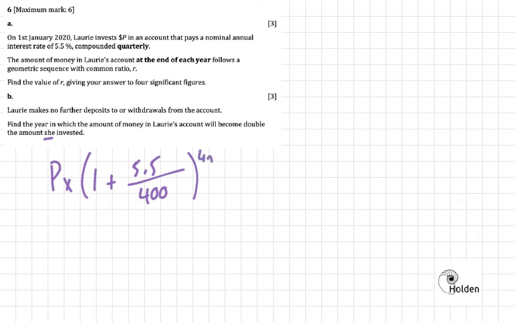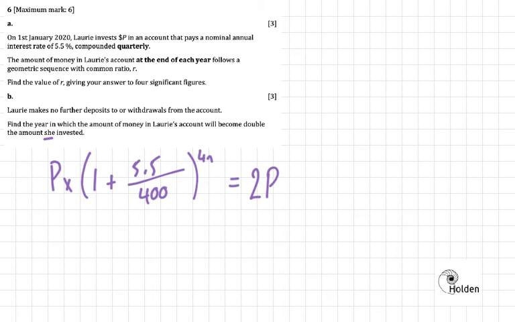We don't know the number of periods, the n, but we do know the number of compounds, and we know the initial investment was P. She's going to let it double, so we're going to end up with 2P. So we're setting up our value.